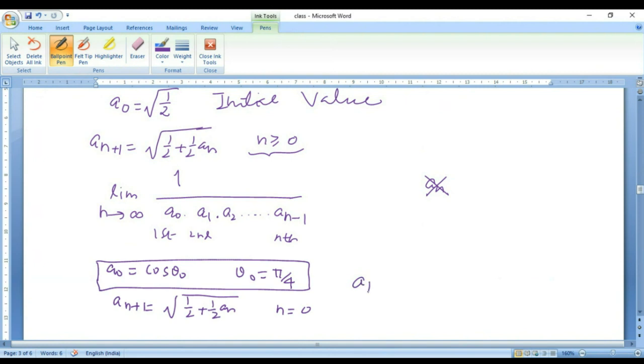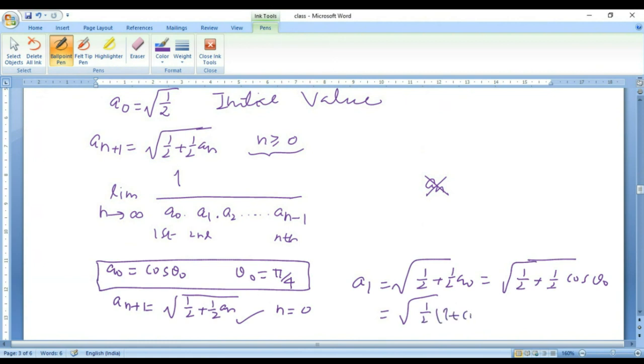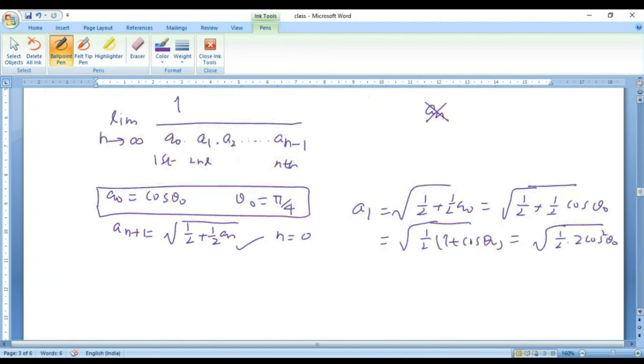You should get a1 is the square root of half plus half a naught. So half plus half a naught, that is half times 1 plus cos theta naught, and so the square root of half times 2 cos square theta naught by 2.